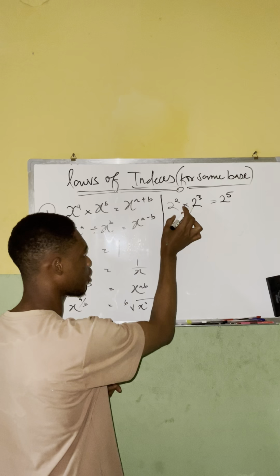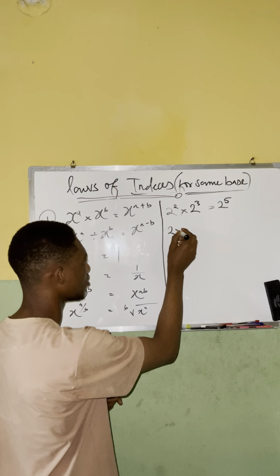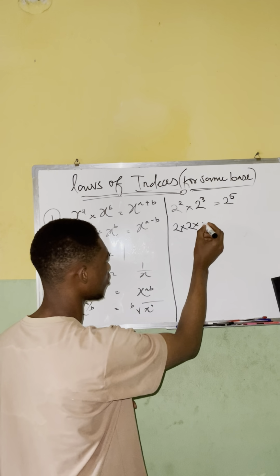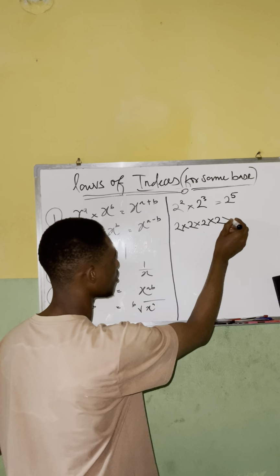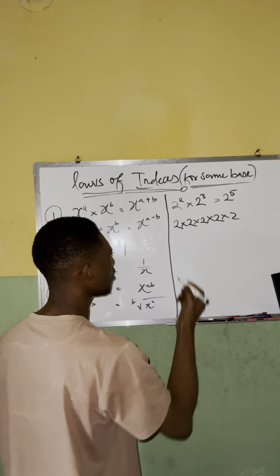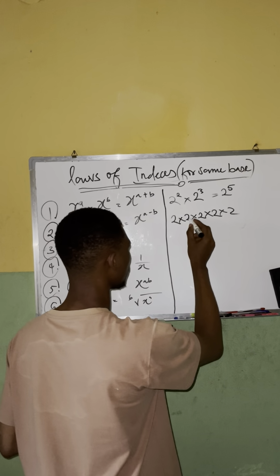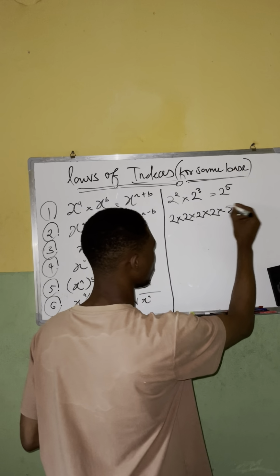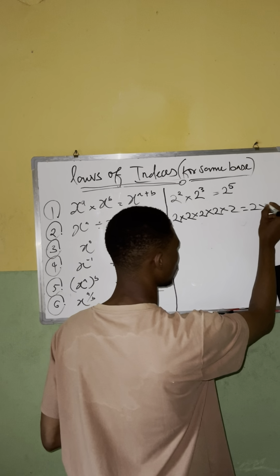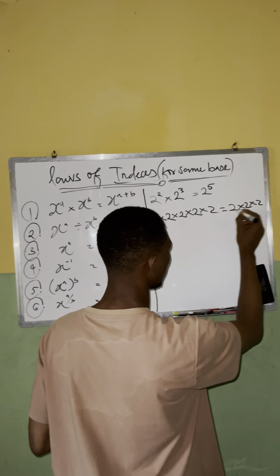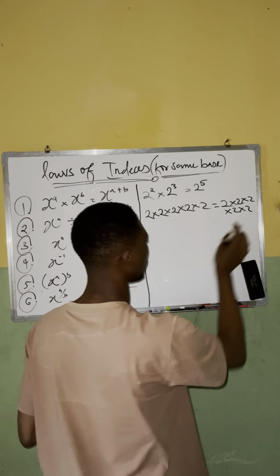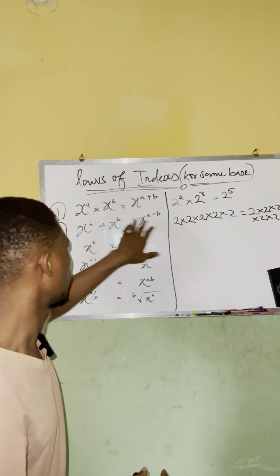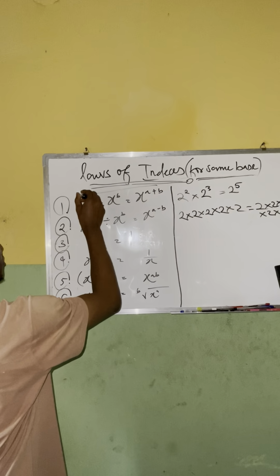I told you this means the base times itself, as many times as the power. So 2 times 2, and then 2 times 2 times 2, that's 3 times. So this is 1, 2, 3, 4, 5 twos, and that is equal to 2 raised to the power 5. And that's what the multiplication rule essentially means.